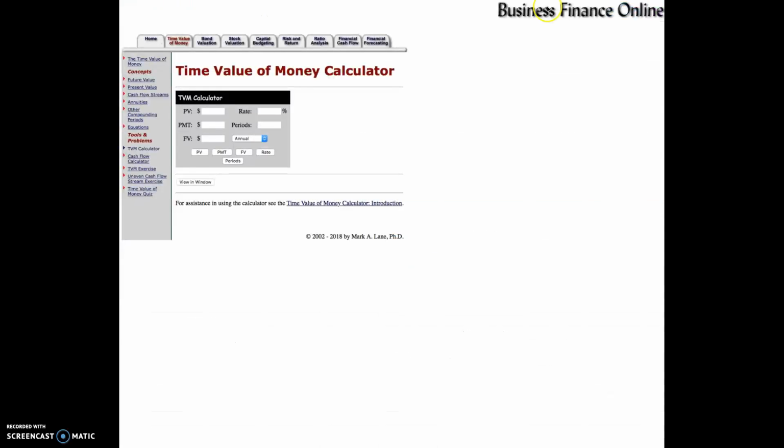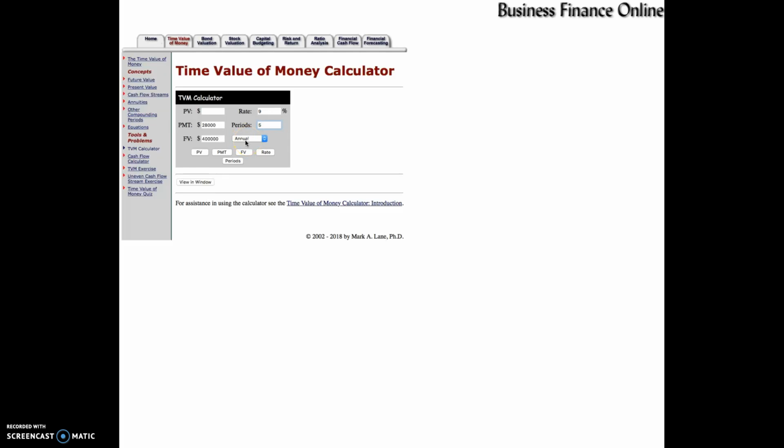So I'm going to go to a time value of money page. I know that the future value is 400,000. I know that the payment is 28,000. I know present value is what I want to find. I know that the market rate is 9%. I know that it's going to be amortized for 5 years, and I know that it's annual. It's a rare bond. It's usually semi-annual, but this one's just annual.